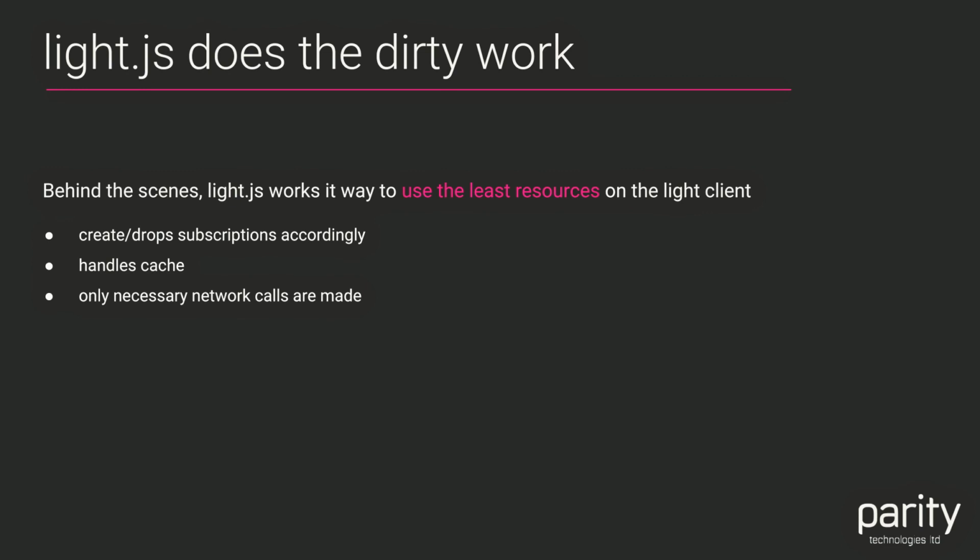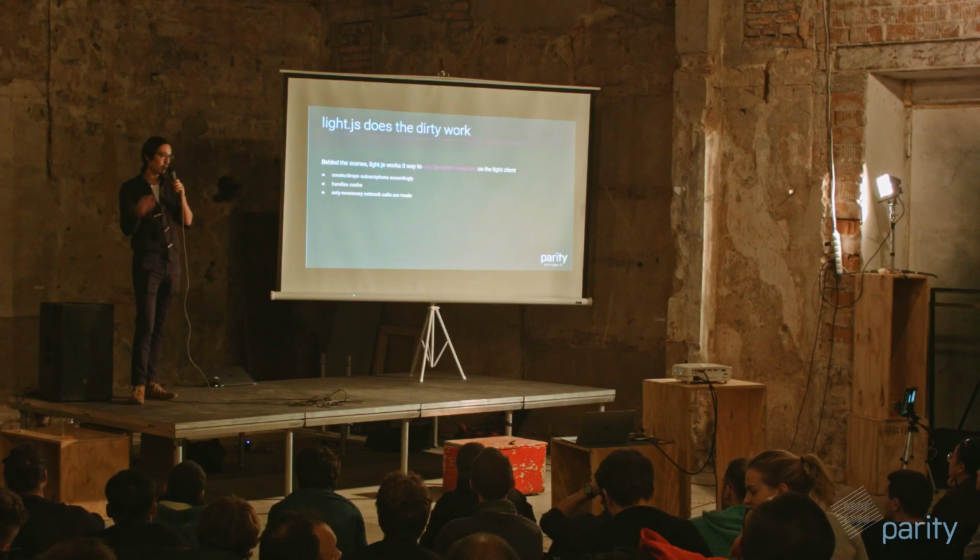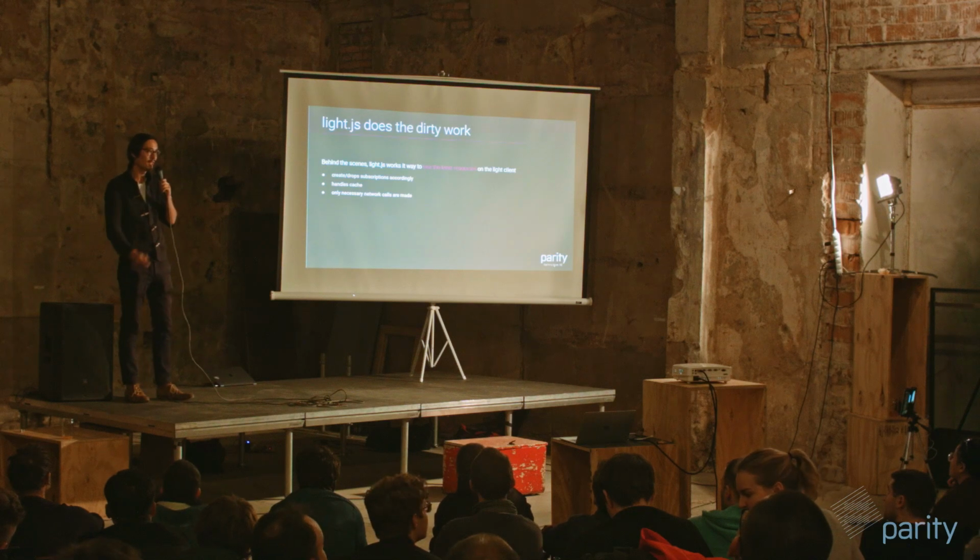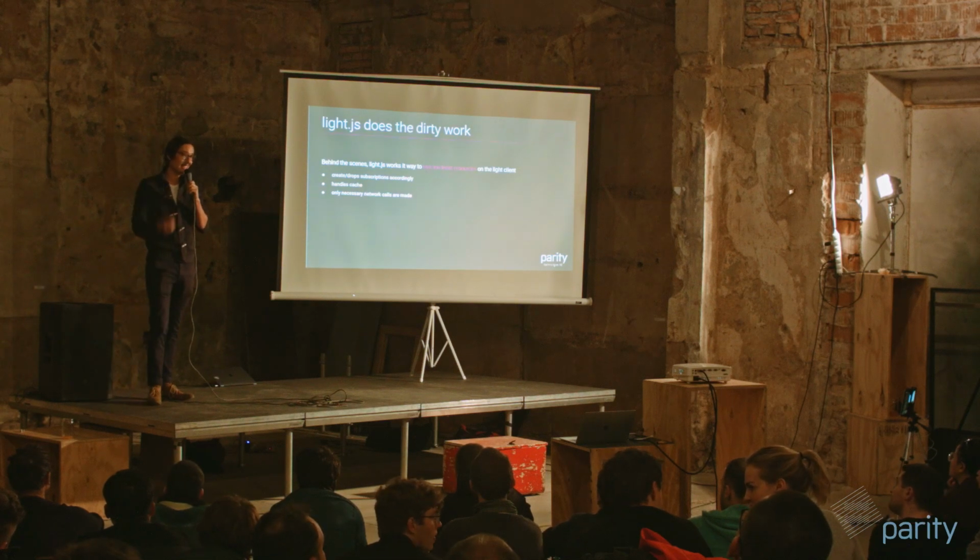And Light.js does a lot of dirty work behind the scenes. Basically, since we suppose that the provider of this API is going to be a light client, we want to make sure that the least resources are going to be used on this light client. So, for example, if we want to make a pub/sub on a new header, we will create this pub/sub subscription, but we will also drop it when we won't need the subscription anymore.